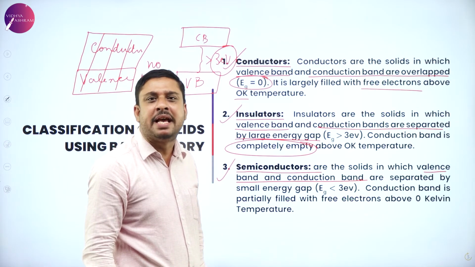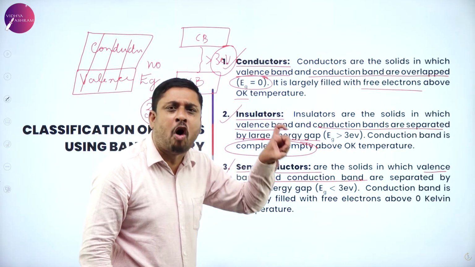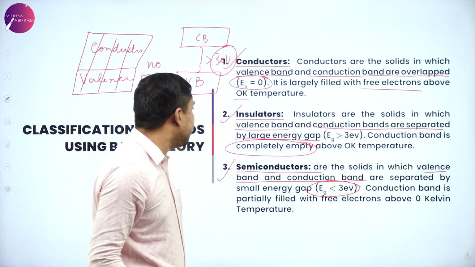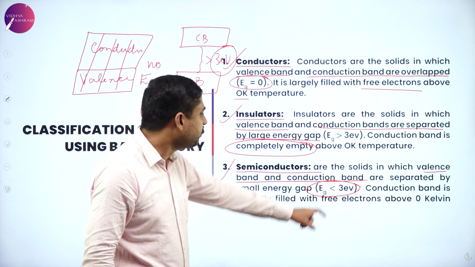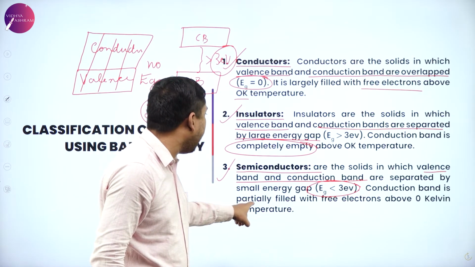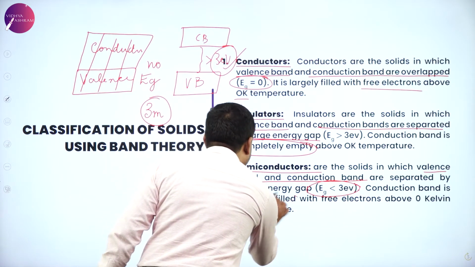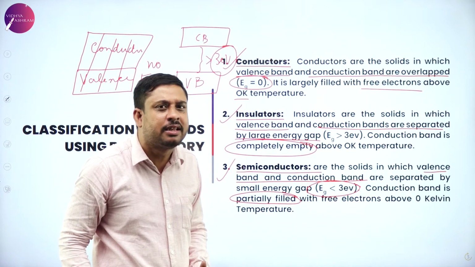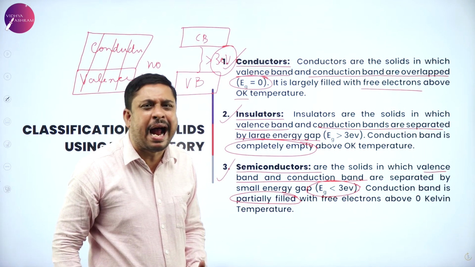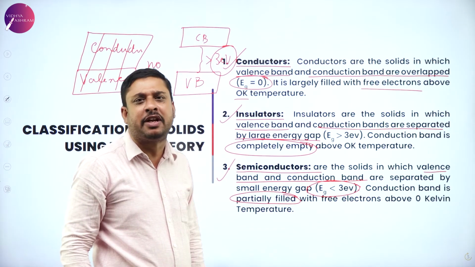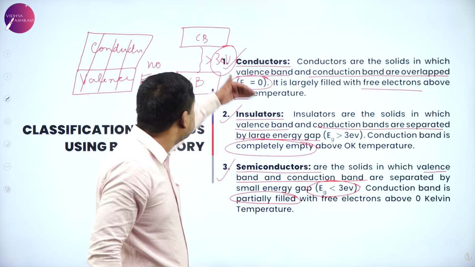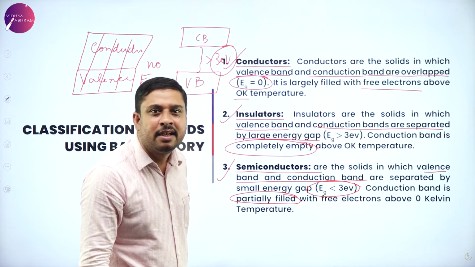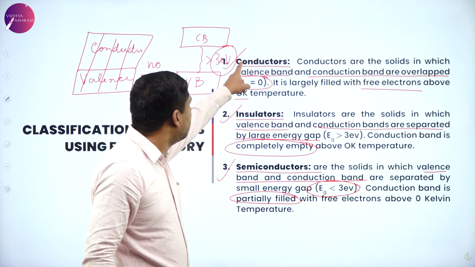In semiconductors there is an existence of a small energy gap less than 3 electron volt. Here conduction band is partially filled. ಯಾಕಂದ್ರೆ partial conduction ಆಗುತ್ತೆ. So conduction band is partially filled with free electrons. So this is how band theory is classifying the solids.